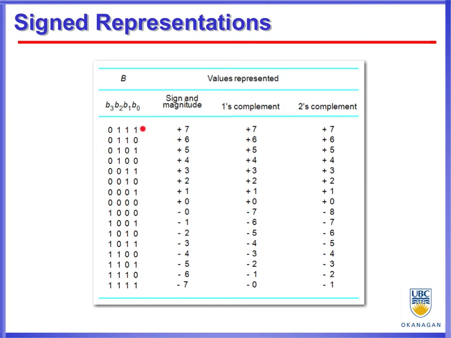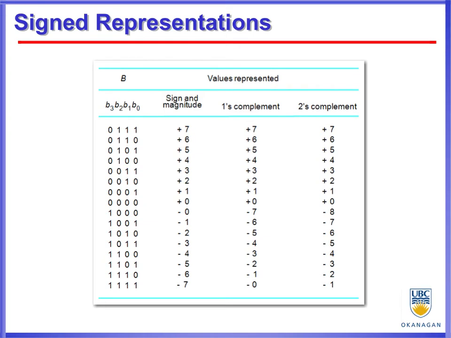If we interpret these as unsigned binary numbers, 8, 9, 10, 11, 12, 13, 14, 15. But we've written them in this way because when we interpret them as signed binary numbers, we get orders that make a little bit more sense when we write them out like this.